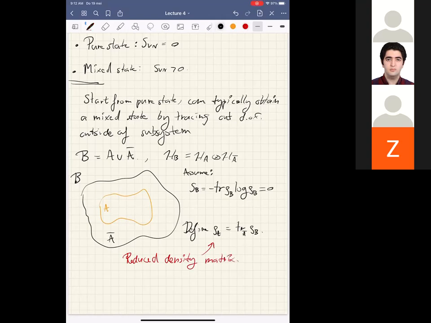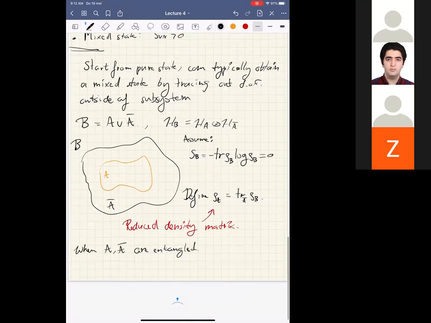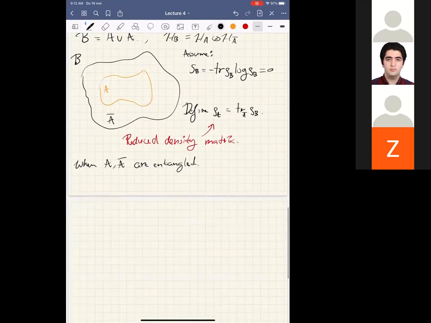Okay, so what happens is if these regions A and A bar are entangled, then the von Neumann entropy associated with the reduced density matrix is non-zero. So when we compute S of A, minus trace rho A log rho A, this should be positive.